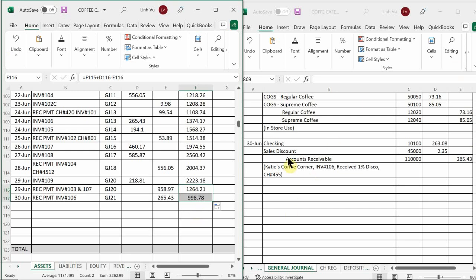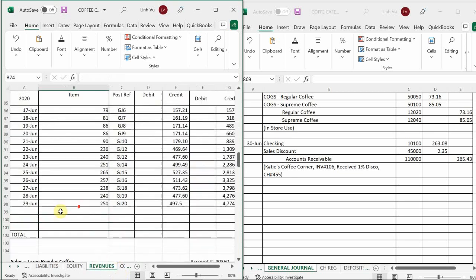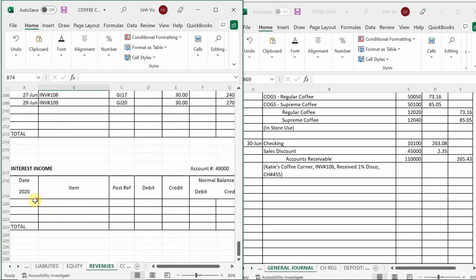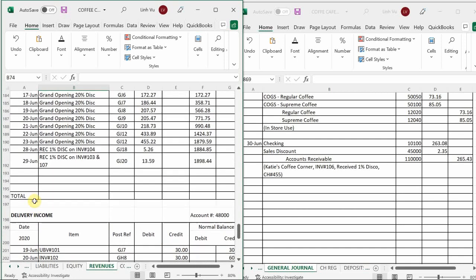And of course, we need to add in my sales discount before I forget that. So sales discount is up here.